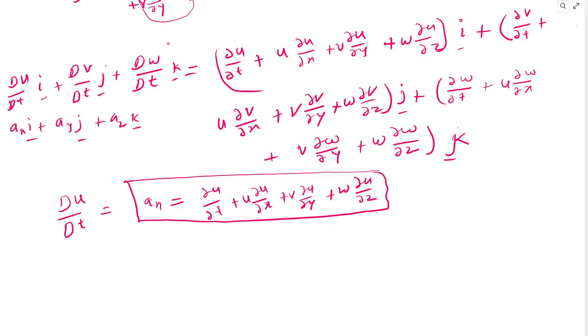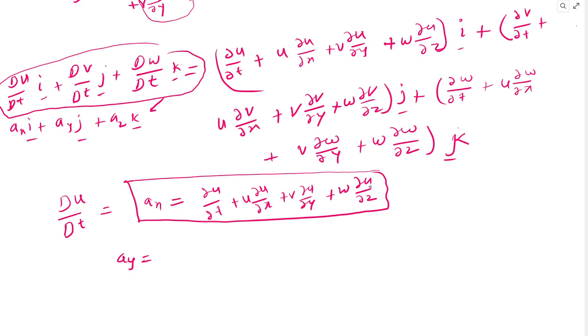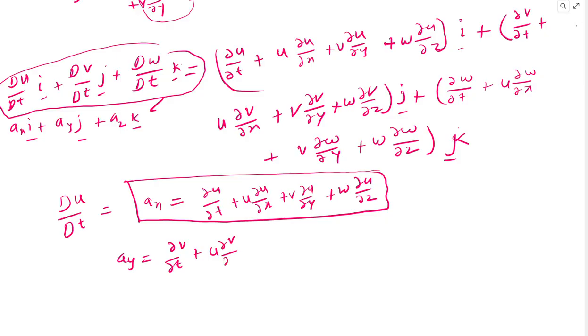So from here we will get this one. Similarly for a_y: in the x direction u is there, and similarly v and w. So similarly we can write for y: del v by del t plus u del v by del x plus v del v by del y plus w del v by del z.